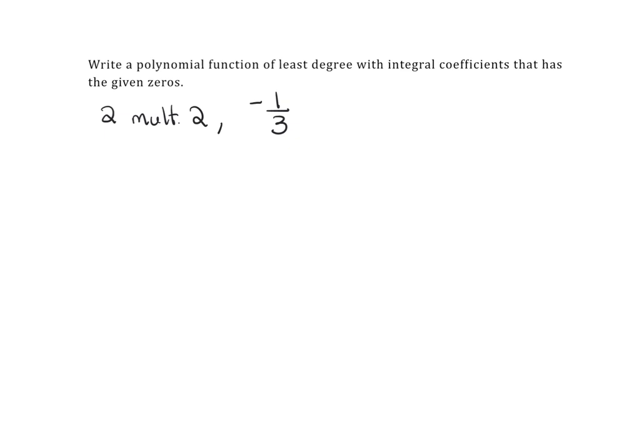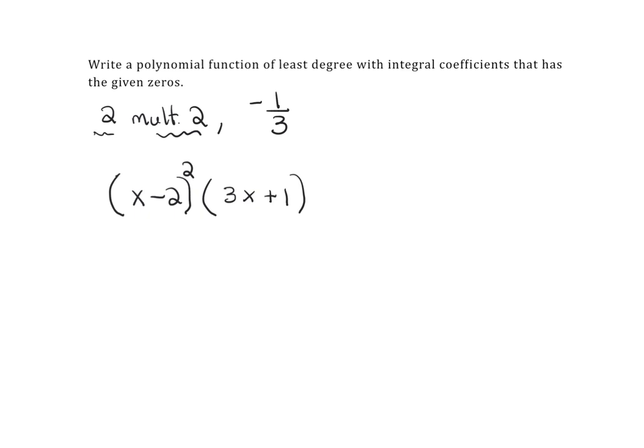Lots of different polynomials could have these zeros. So what we're going to do is just take what we know and turn it into a possible polynomial. If you have a 0 of +2, that means we have a factor of x minus 2, and then multiplicity 2, which means we would have that factor squared. And then if we have a 0 of -1/3, that would be 3x plus 1.